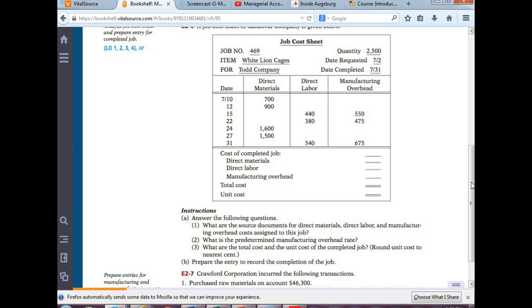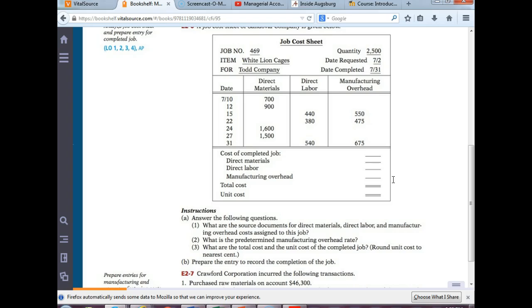And our manufacturing overhead? 1,700, I was wrong. So if we take our direct materials, our direct labor, and our manufacturing overhead, 4,700, 1,360, and 1,700, our total cost is 7,760.